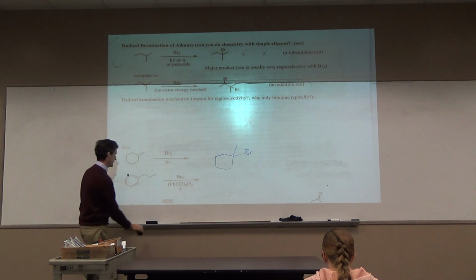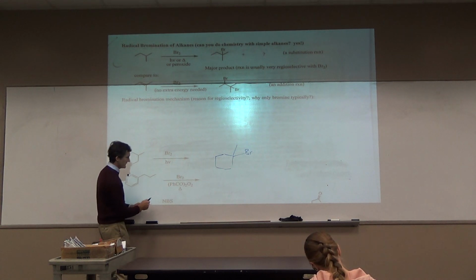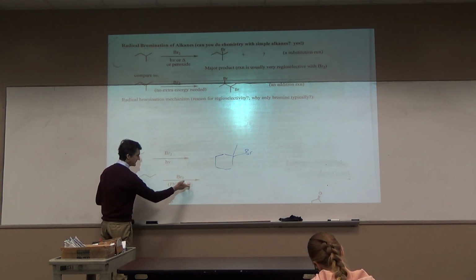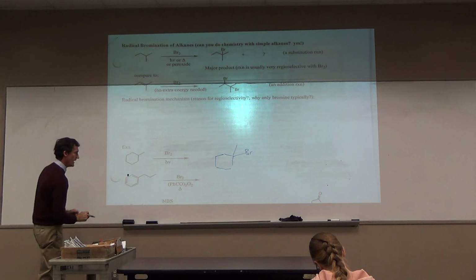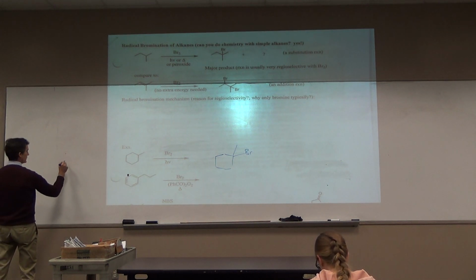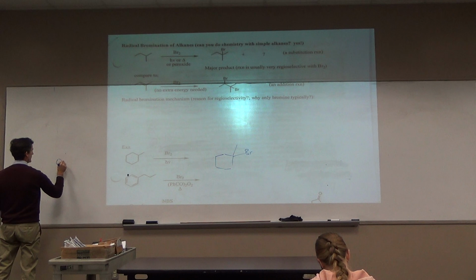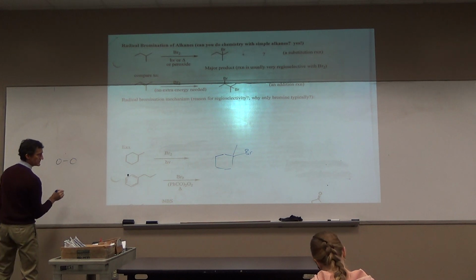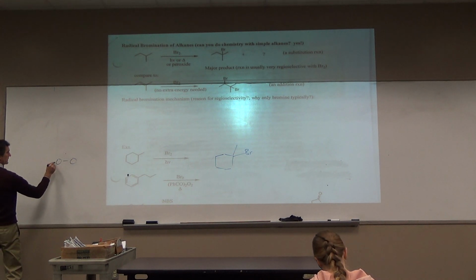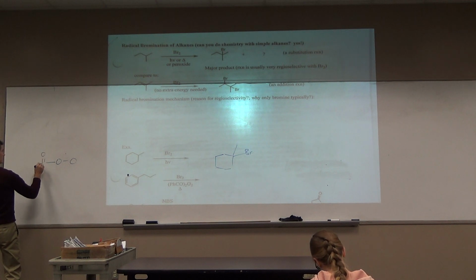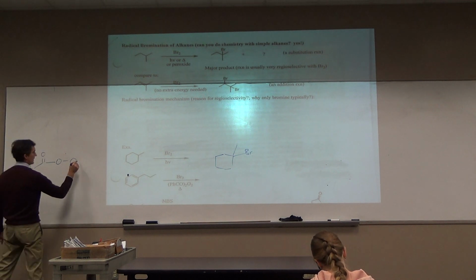How about this next one? We've got bromine. This is benzoyl peroxide. If you look at that, it is O2, and each oxygen has a benzoyl group. Benzoyl is a phenylcarbonyl.